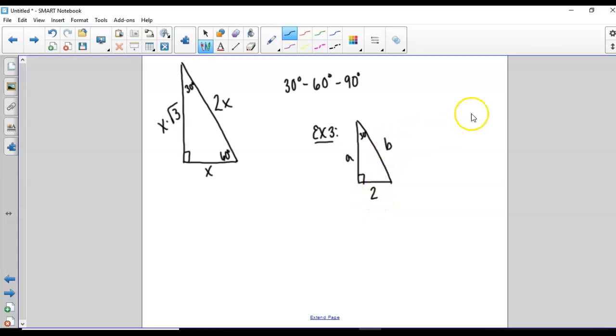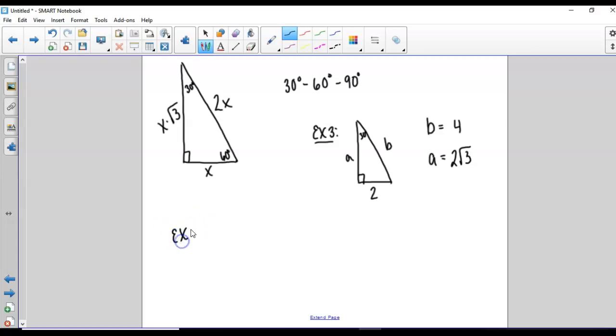Then to find the hypotenuse, which is B, I would just do 2 times 2, which would give me 4. So you just double the short leg to get the hypotenuse. And then for my A, I've got the short leg, so I have to multiply it by square root of 3 to get that longer leg. So I'd have 2 square root of 3.